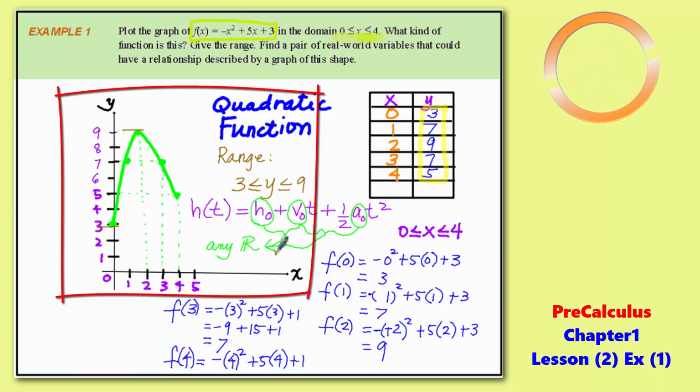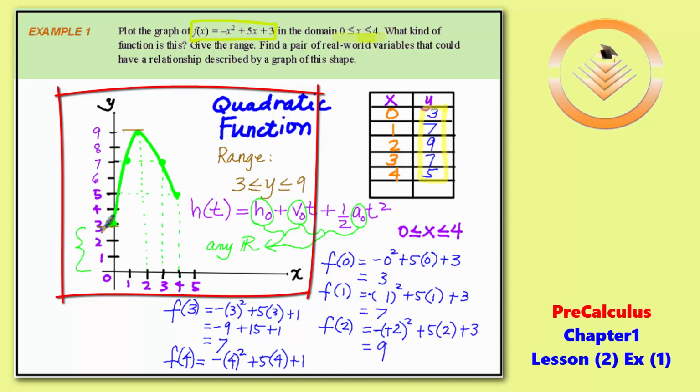A real life example would be a projectile motion defined by, for example, a ball, throwing a ball from a certain height. It could be 3 meters above the ground, and then throwing it upwards, and of course, at a certain time, the ball will land on the ground.